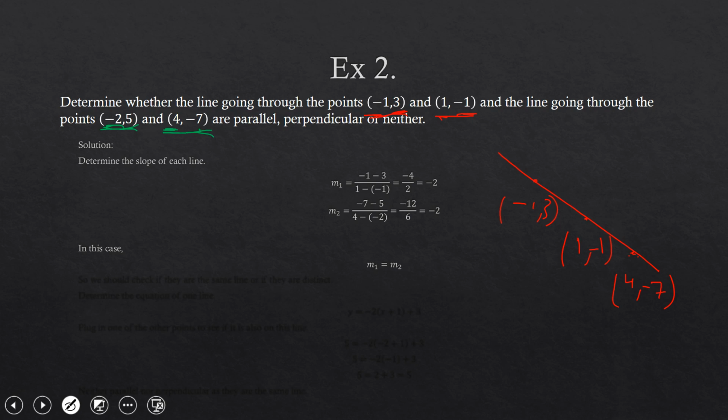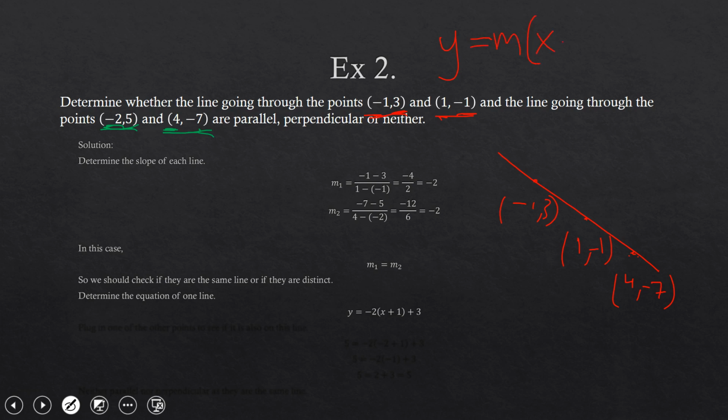Okay, so let's check if they're the same line or if they're distinct. So let's determine the equation of one of our lines. So we know the point slope equation looks like this: y is equal to m times x minus x1, plus y1. And so we can pick one of our points.